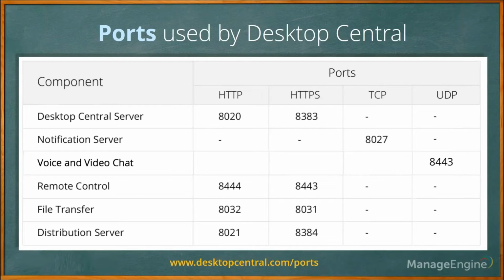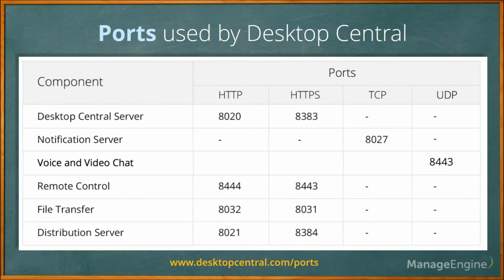We would recommend you open the ports shown here in order to manage the specific features with Desktop Central. For example, you can see the remote control ports 8444 and 8443. These ports are responsible for taking control in a secure manner and for the chatting process, like voice, video, as well as text chat.